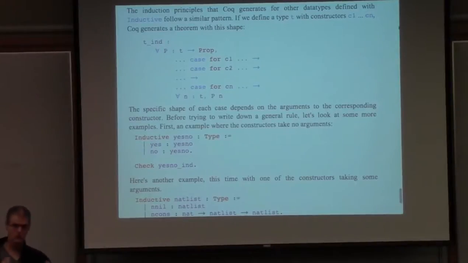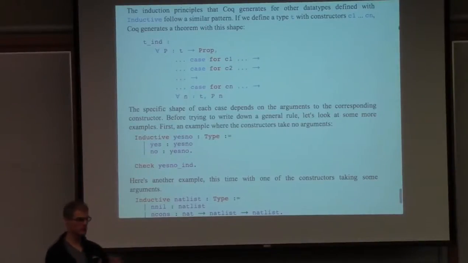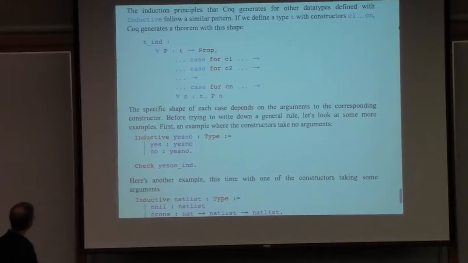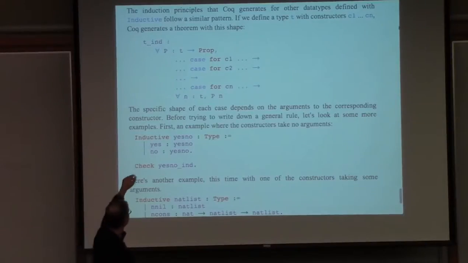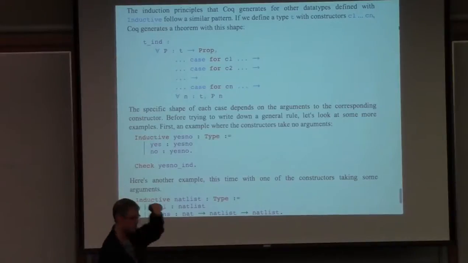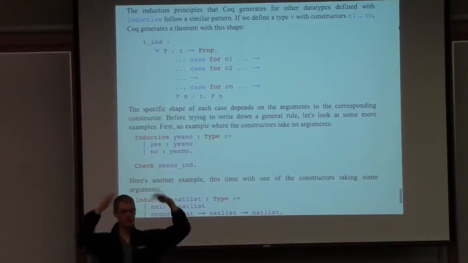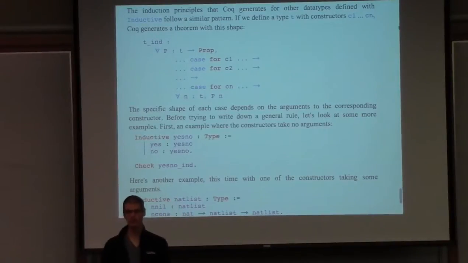the induction principle that's generated by the inductive definition, of course, corresponds to the inductive definition very closely. So essentially what happens is your inductive definition has several constructors. The induction principle has one hypothesis for each of those constructors.